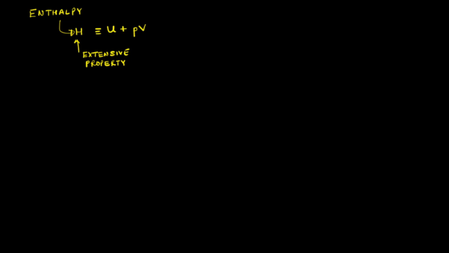And just like internal energy, we can also define enthalpy per unit mass. So if M denotes the mass of the system or the working substance, then H over M is denoted by lowercase h, and this is the specific enthalpy. So h, that is specific enthalpy, is defined as the specific internal energy plus pressure times the specific volume.